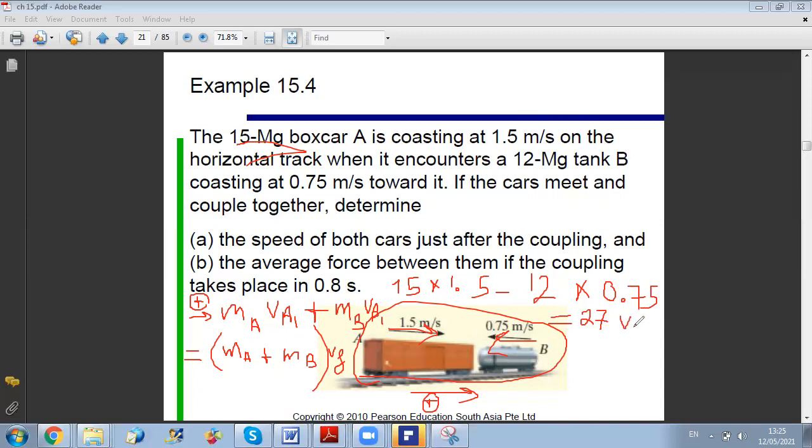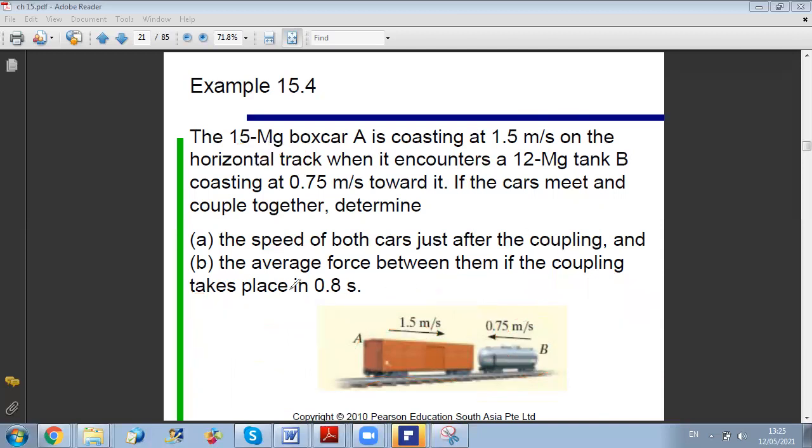In this equation the only unknown is V final so I can calculate its value. Okay, now once I get V final I can proceed with the other step.